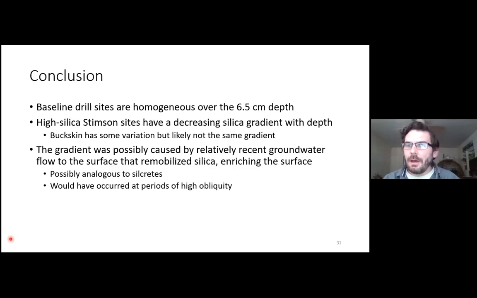So I think probably what we're looking at might be this occurring at a transition period either towards high obliquity or away from high obliquity, where either the ice on the equator is building up or decreasing. But these specific processes with the ice have not been studied, and so I'm not really clear on how that exactly happened.